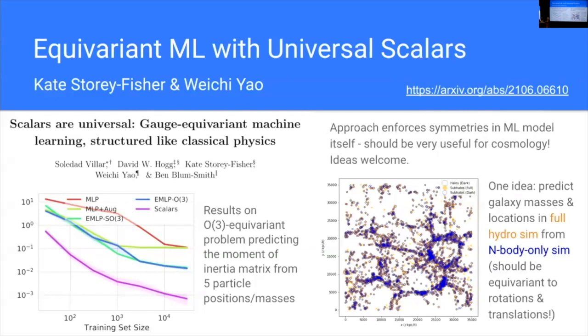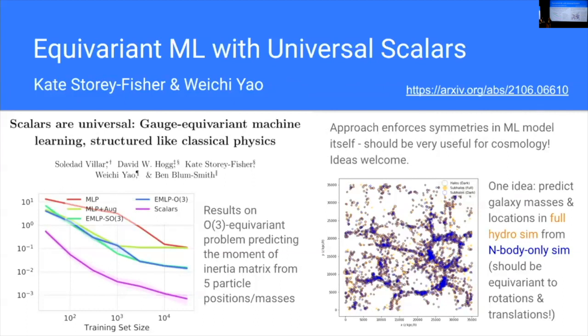Do you want to talk about the example? Yeah, so basically for this method, we are using the scalars, right? So it makes it invariant just by using the scalar itself. So here you can see this is an equivariant example.